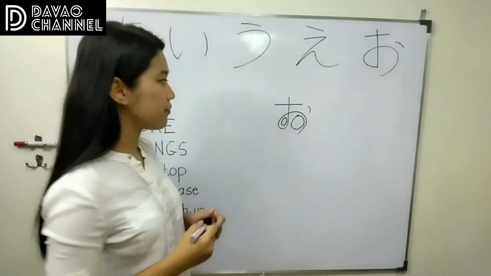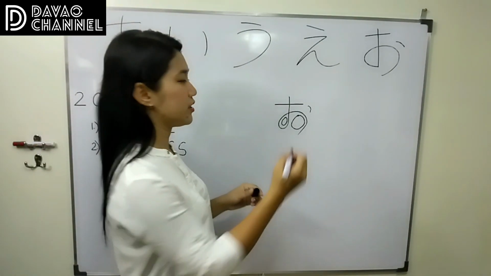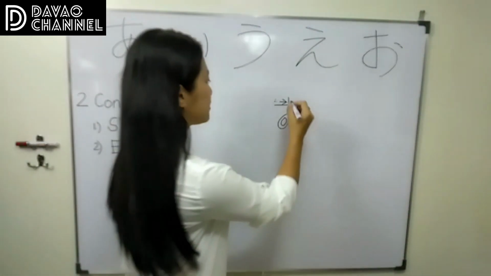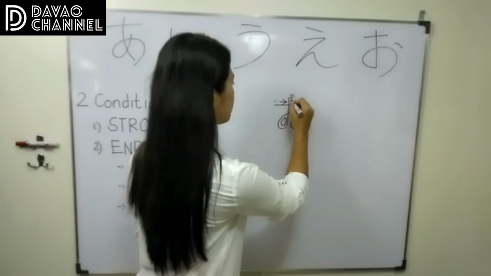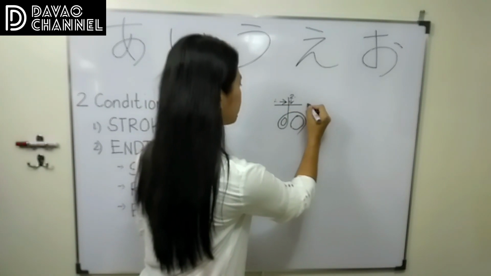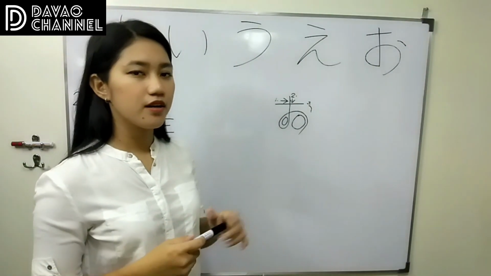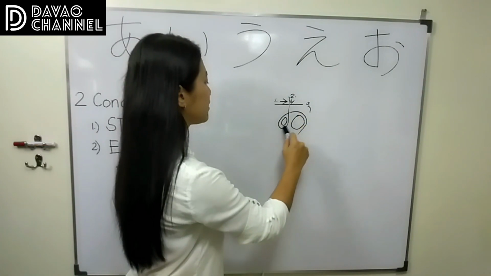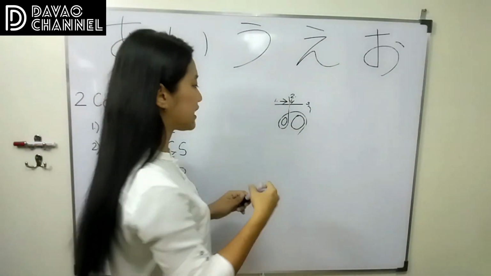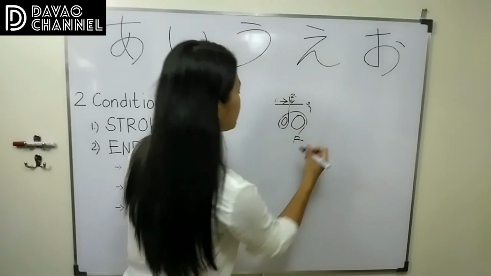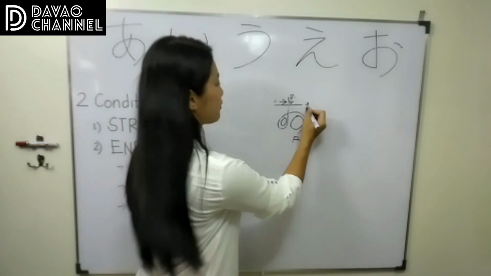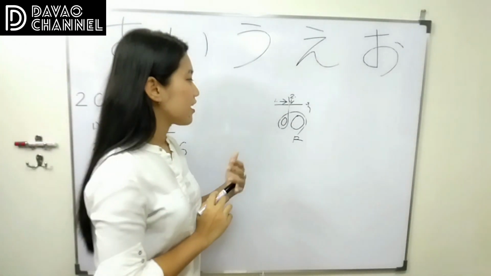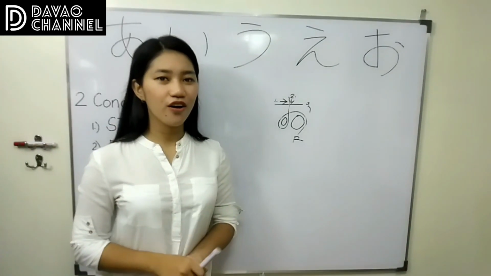Our first stroke starts in here to that direction, and second stroke, and our third stroke. For our review, first stroke, second stroke, it has a release ending, and our third stroke. That's how we are going to write our letter O.